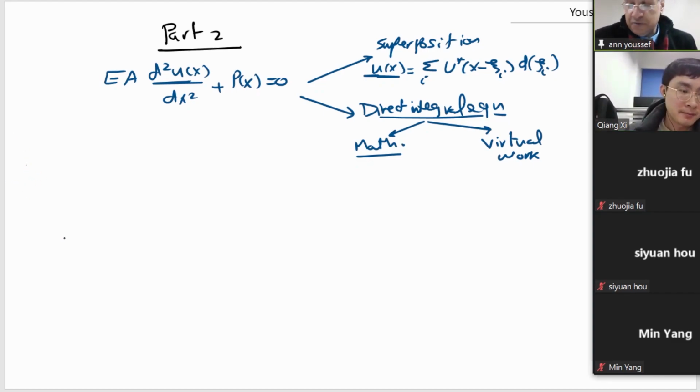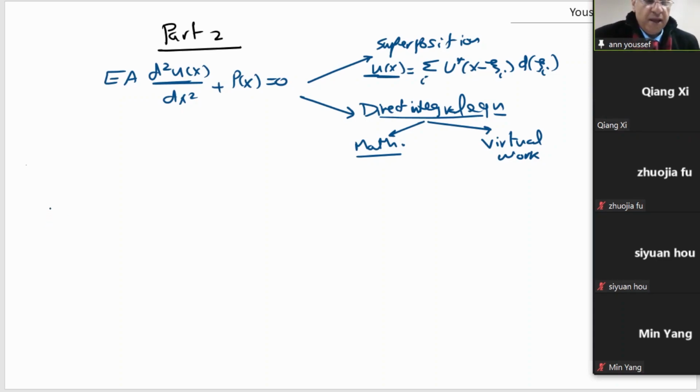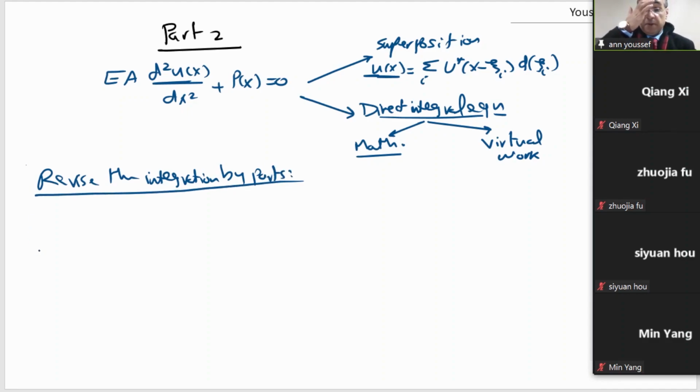Thank you. Before we do anything, we will revise the integration by parts. To revise the integration by parts, we always give the very nice way. It is the integral of u dv equals uv minus the integral of v du.